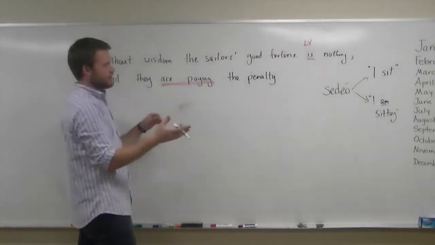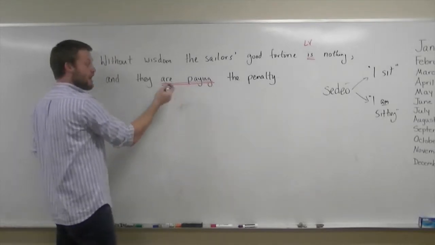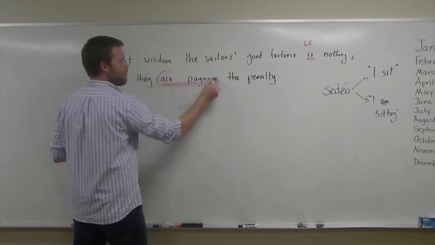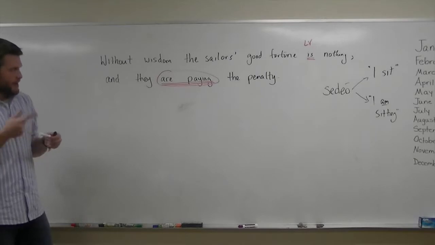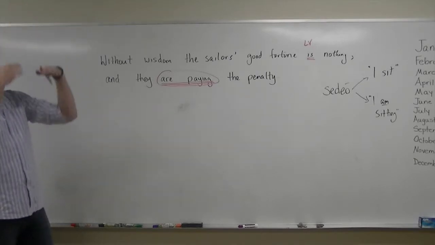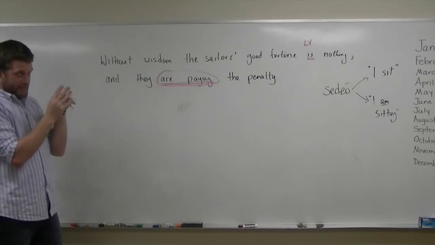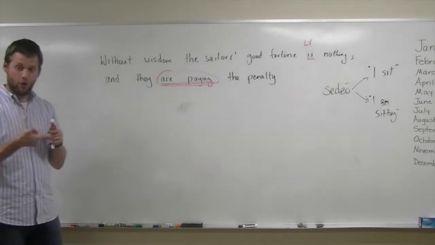Latin does not do that. Latin just has one form of the present, though sometimes in English, we grab a helping verb, and we're going to see this with the future also in this next chapter. In English, for many tenses, we'll take a verb, like I do, and then we add helpers.